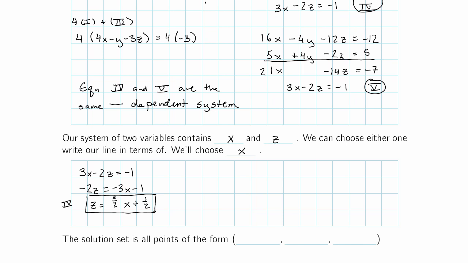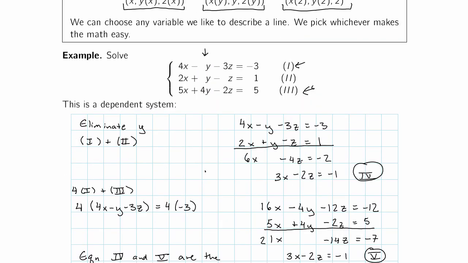Now, to get y in terms of x, I need to go back to one of my original equations and plug this in for z. So I'm going to look at my original equations. I like using equation 2 to find y because that has y all by itself. So I'm going to choose that.